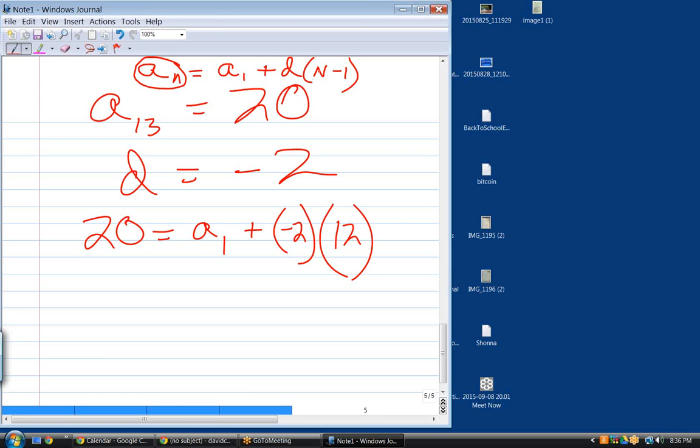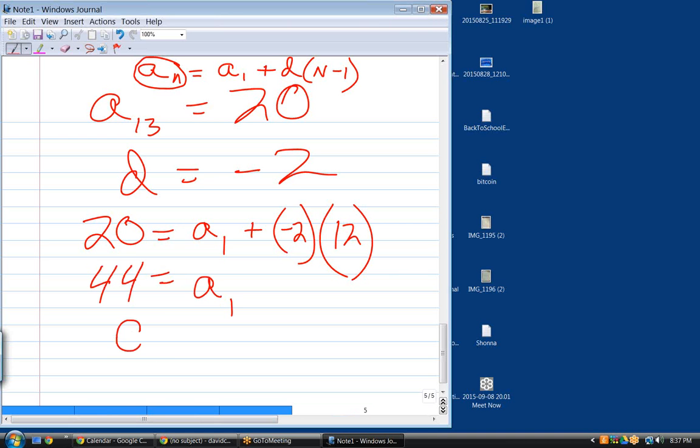And they've also told us that n is 13, so I'm going to replace n with 13. And they've given us d. So the only thing they have not given us is a sub 1, and I can now figure out what a sub 1 is by solving this equation. In other words, a sub 1 is equal to 44.